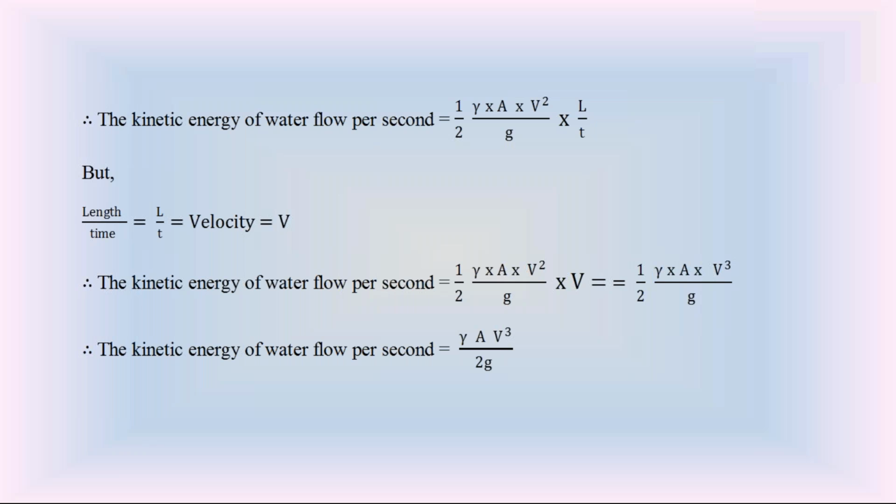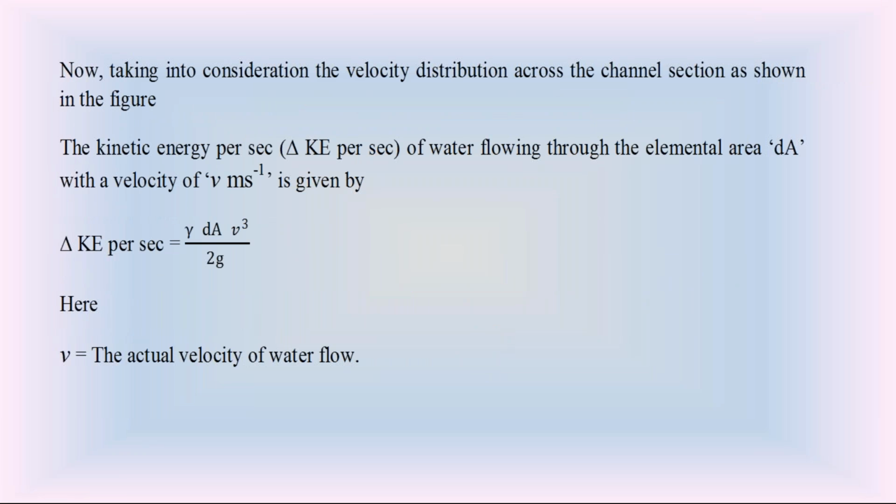So for that thin layer, the kinetic energy per second delta Ke is equal to gamma into dA, the area of that layer, into v cubed divided by 2g.